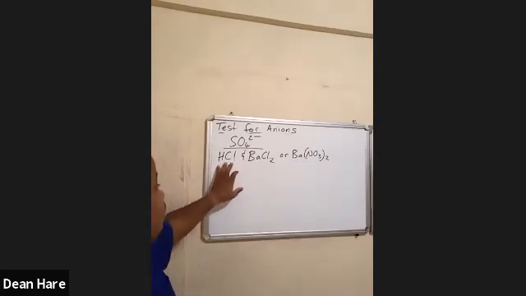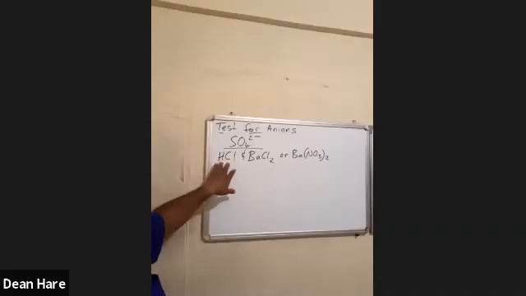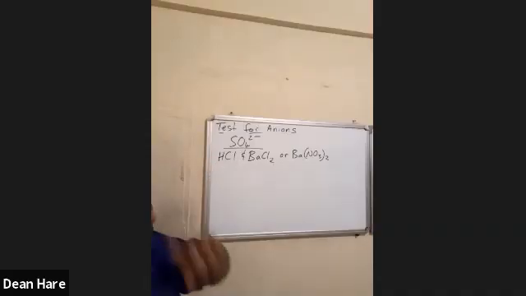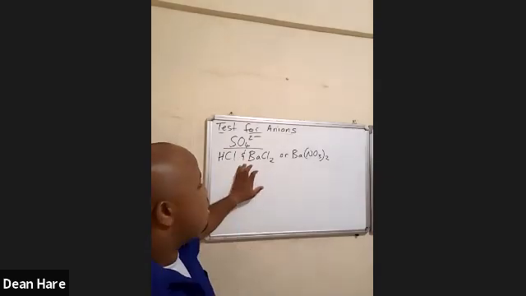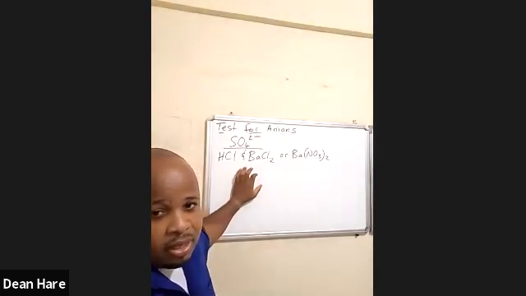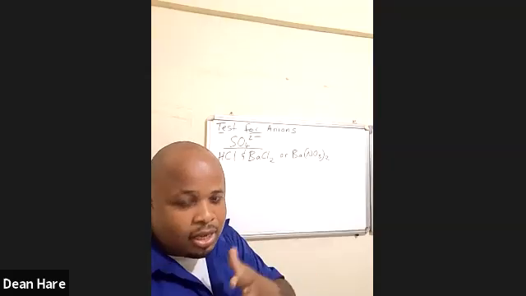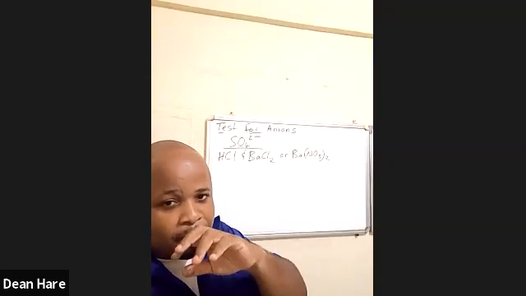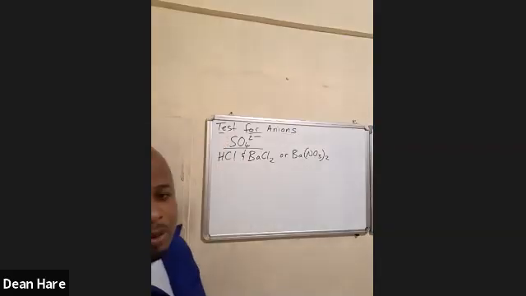Specifically, I'm talking about the carbonate ion here. You have to use a specific acid for the test. For this one, it was hydrochloric. But you don't want to use sulfuric acid, because remember, sulfuric acid contains sulfate ions, right? So you don't want to use the sulfuric acid here.